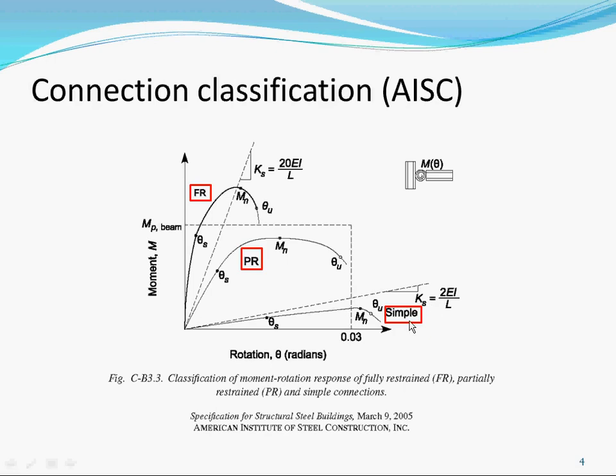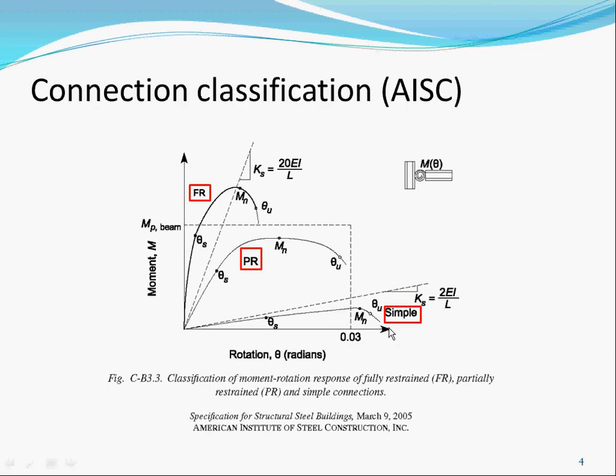The difference between a simple, PR and FR connection is basically the stiffness. If you're at 2EI over L or less, then you consider it a pin connection. If you're at 20EI over L or more, then you consider it an FR connection.